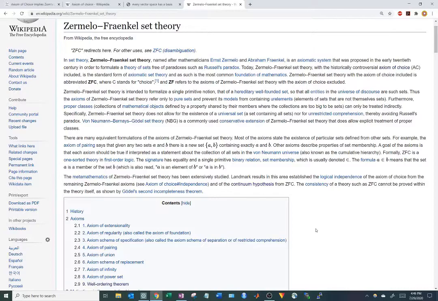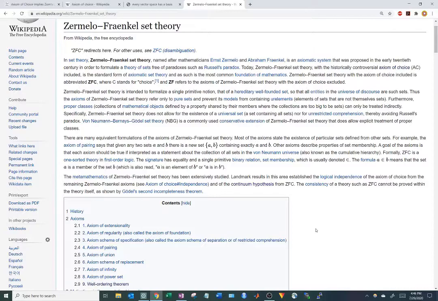So you can take all these set theory assumptions in ZF, and you can also assume that the axiom of choice holds, and then you get a perfectly reasonable set theory that you can use to prove statements.